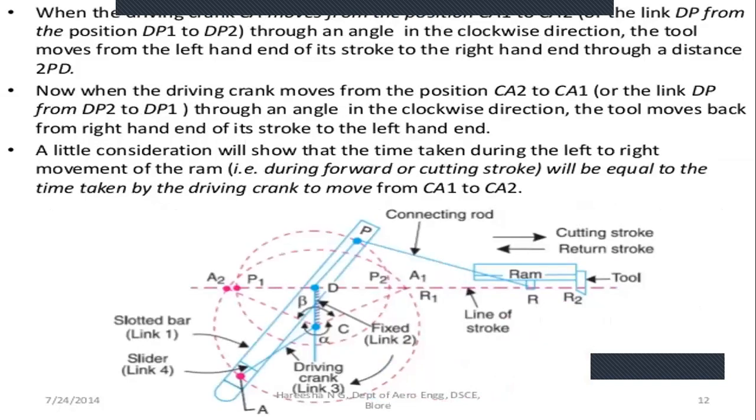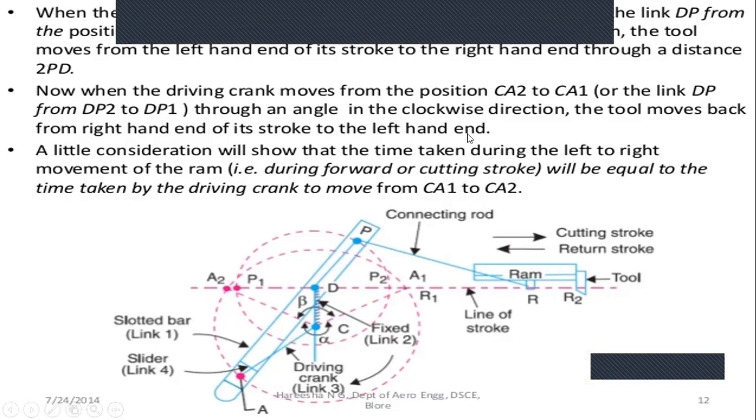Next, when the driving crank CA moves from the position CA1 to CA2, the link moves from DP1 to DP2 through an angle in the clockwise direction.